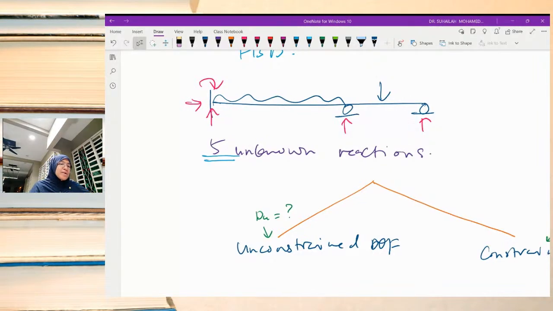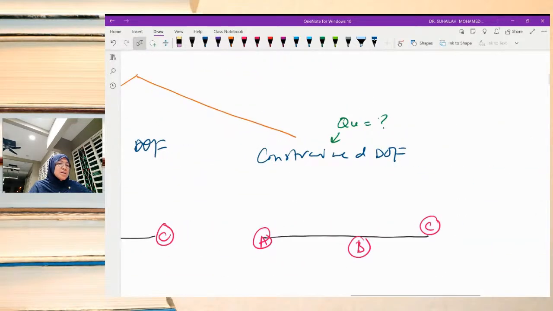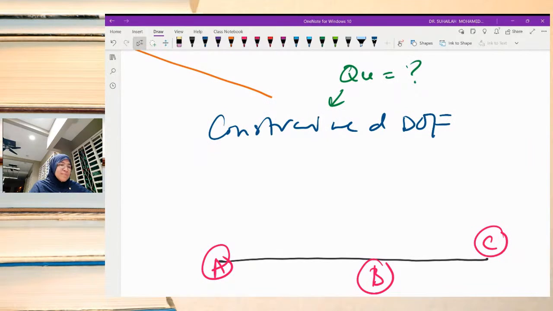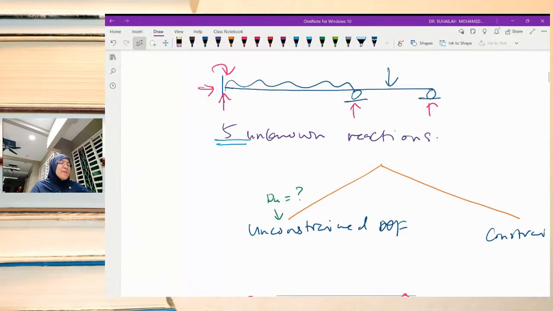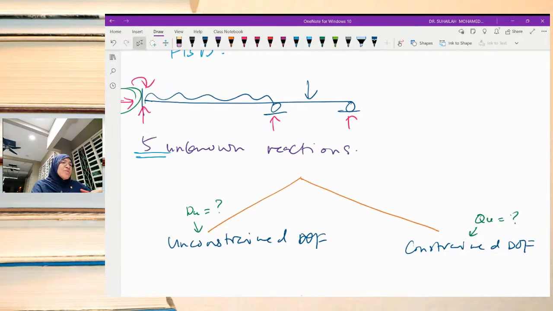So looking back at the 5 unknown reactions, always remember when we want to transform into the free body diagram, due to constraint degree of freedom, we do not have to count the horizontal reaction at A, because the degree of freedom that we need to consider is only in the Y direction and in the Z direction.